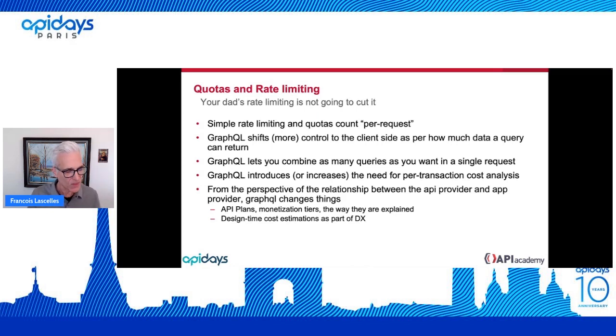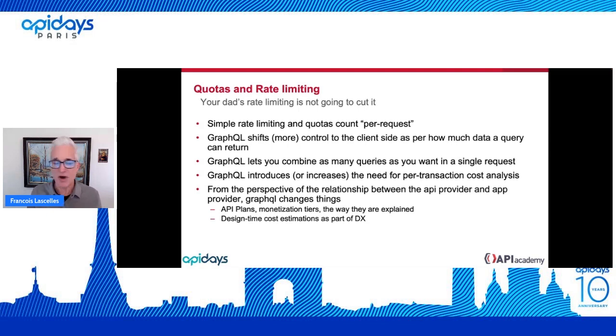Because of that, GraphQL introduces, or at least increases, the need for a per transaction cost analysis from the perspective of the relationship between the API provider and the app provider or the client-side developer. GraphQL also changes things. You might have a relationship in which you're subscribing to an API plan.